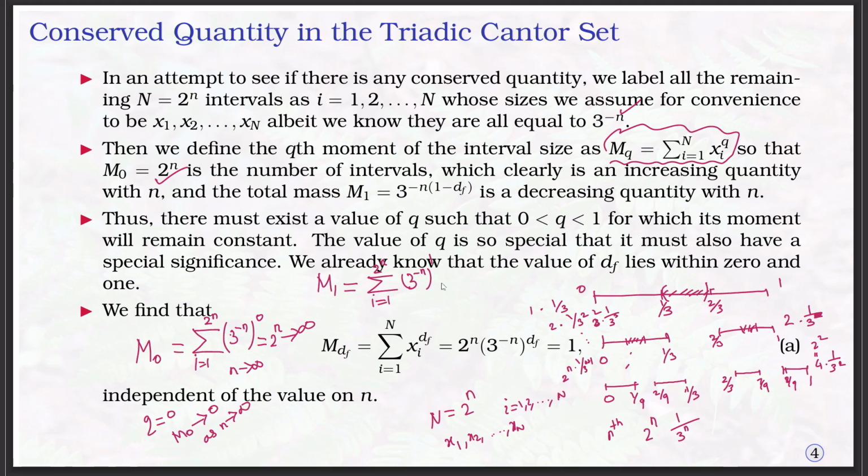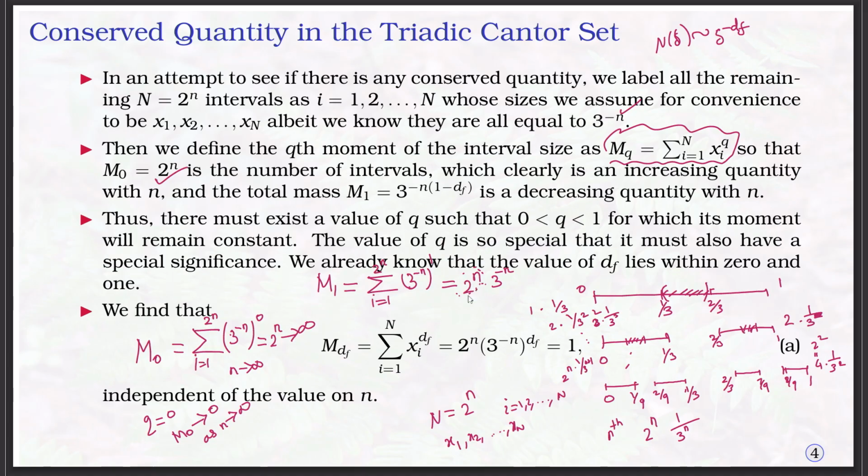So it is equal to the sum of 1 by 3 power n, 2 power n times. Therefore, it is 2 power n times 3 power minus n. But we can consider that the 2 power n, as per the number of delta, that is N of delta, is directly proportional to delta power minus df.